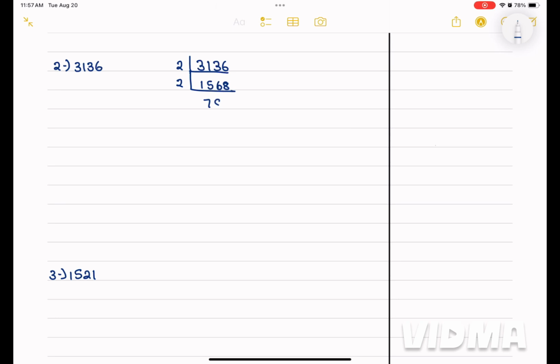784. Now here, this is an even number, but it looks like a number that can be divisible by 3. So let's try 3. Okay, no, this is not divisible by 3.